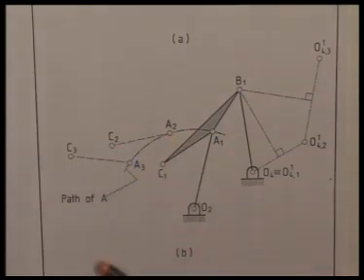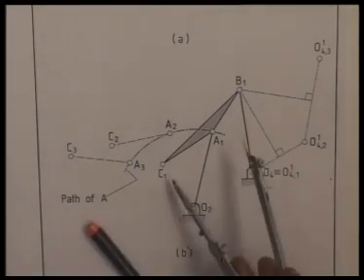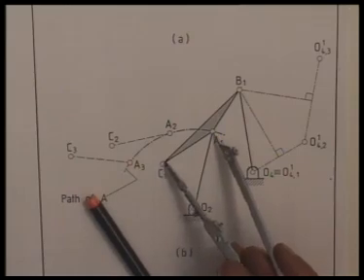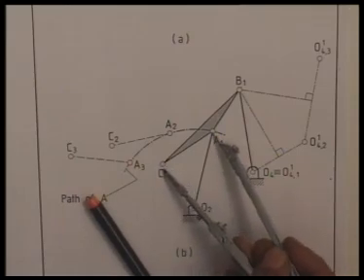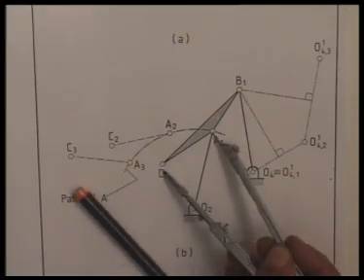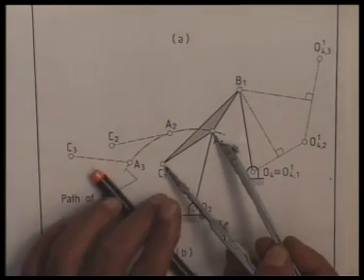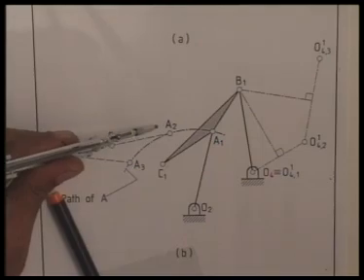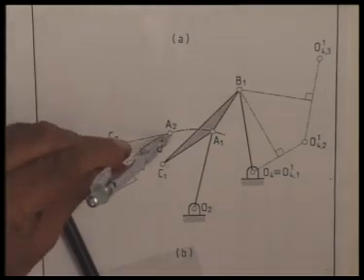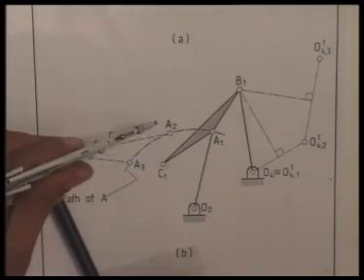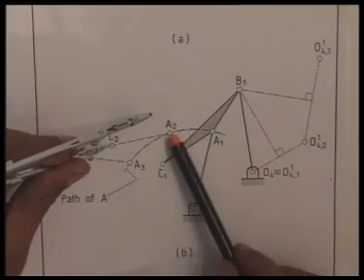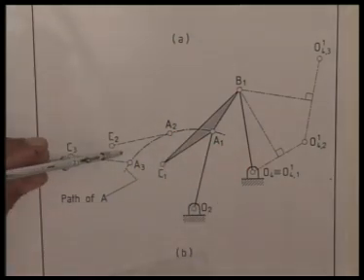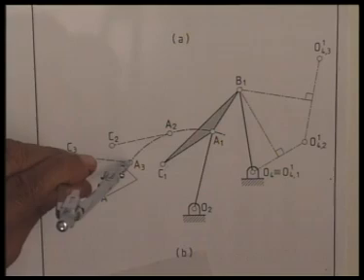This is easily done since I know this distance AC, being a rigid link, does not change. So with C2 as center, I draw a circular arc with AC as radius, and that intersects the path of A at A2. Similarly, with C3, I get A3.